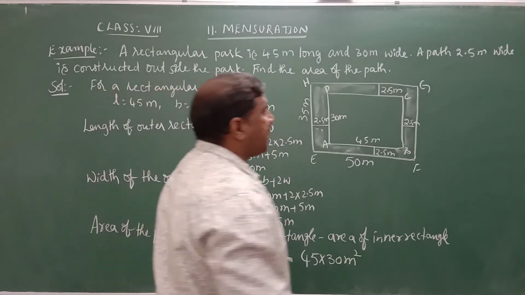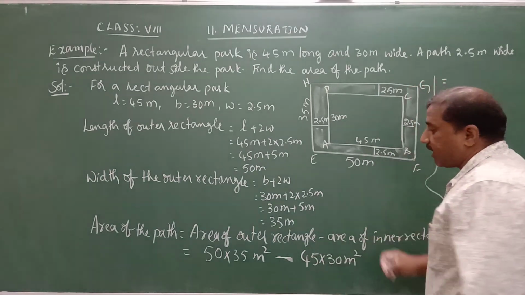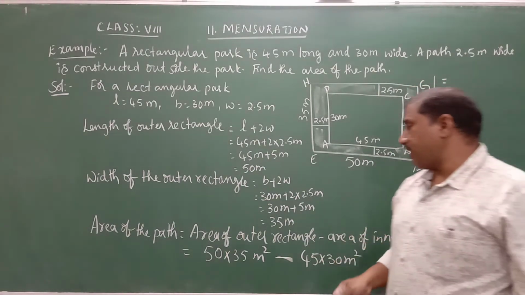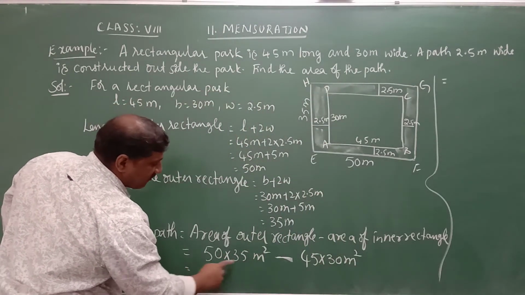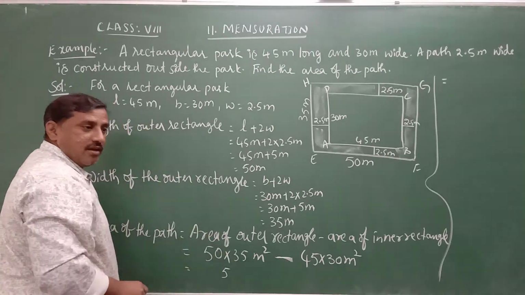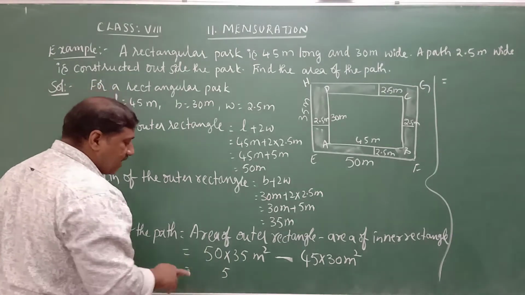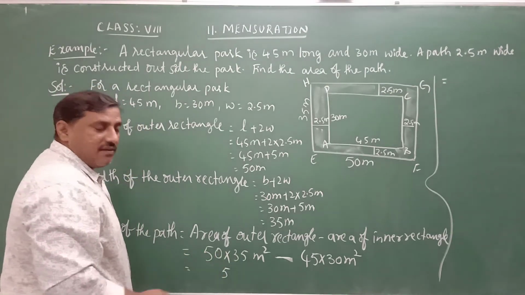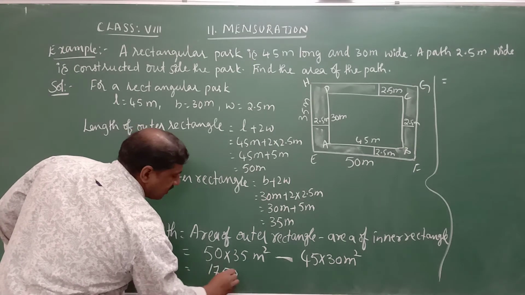Now simplify this to find the area of the path of the rectangle. Multiply here: 5 5s are 25, 2 is there. 5 3s are 15, 15 plus 2 is 17, and keep 0.